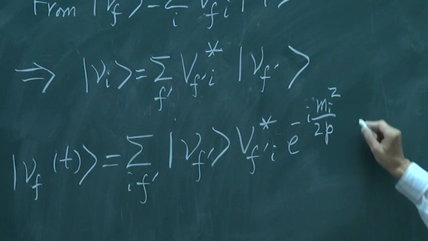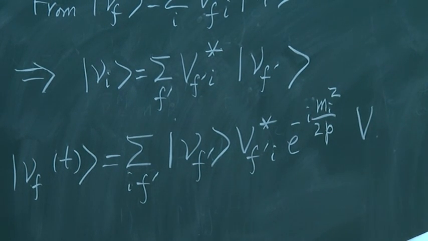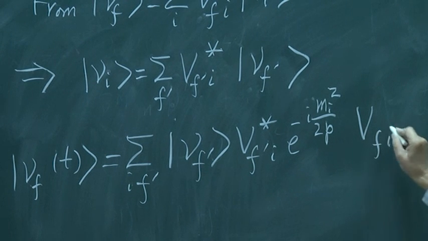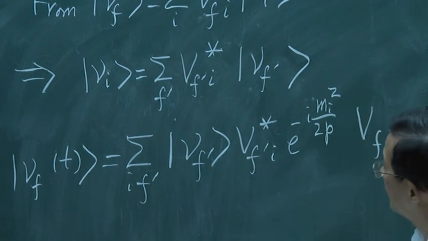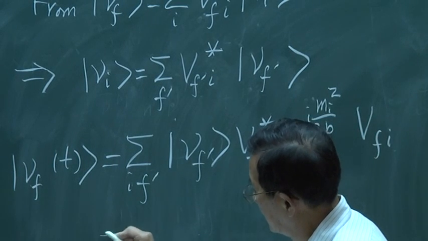And then the other factors have, what do I have? F R. Right. Okay? Now, I will need this combination later, so let me write this.